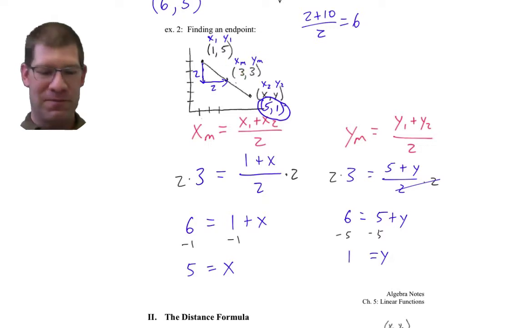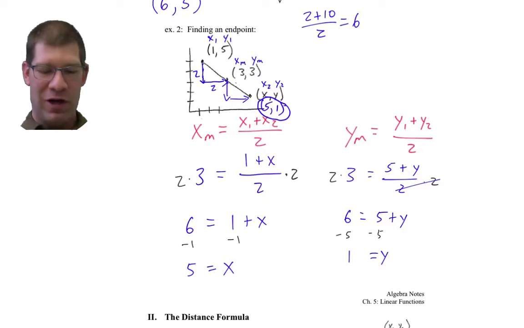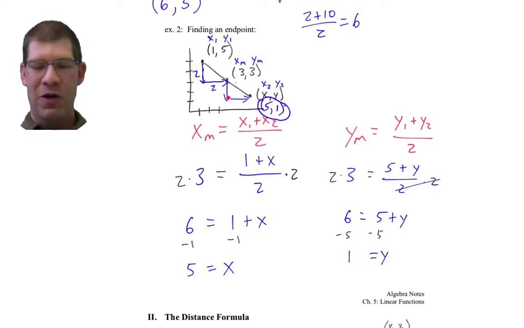Well, you do that same exact thing in finding this other point. You have to go down 2 again. So down 2 more takes my y value of 3, makes it 2 smaller, a 1. And that gives us this 1 here on the end. And then going over 2 more, I'm starting at 3, going over 2 more gets me up to 5.